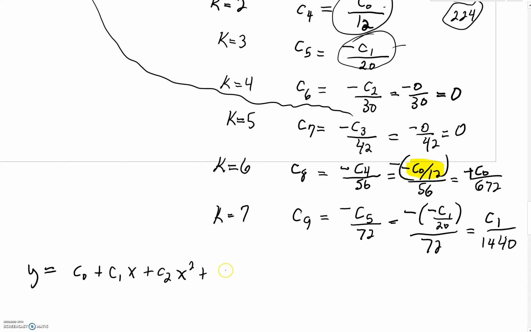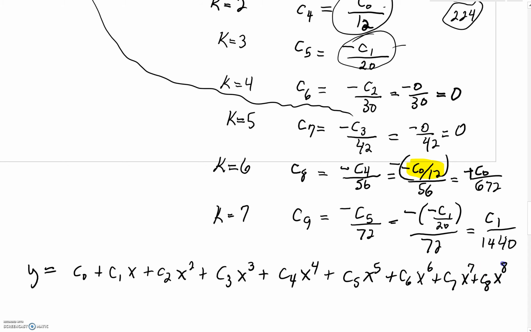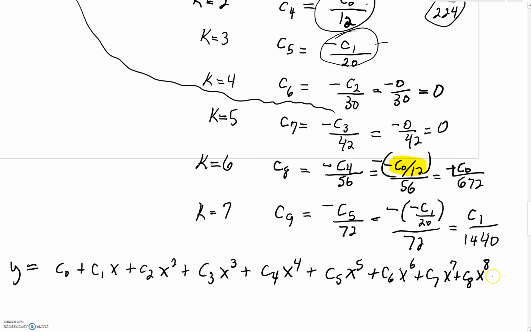And sometimes it's very helpful to just write these all out, and then you can see what's really happening. You can say, wow, I've got all these terms worked out here. We've got C sub 6 x to the 6, C sub 7 x to the 7, C sub 8 x to the 8th, and then even a C sub 9 x to the 9th.